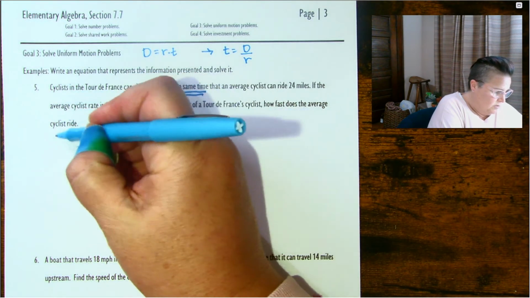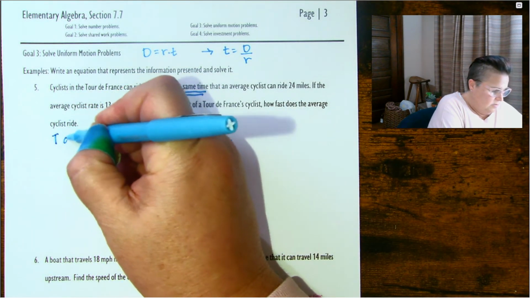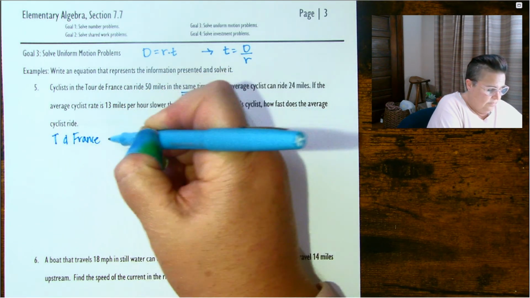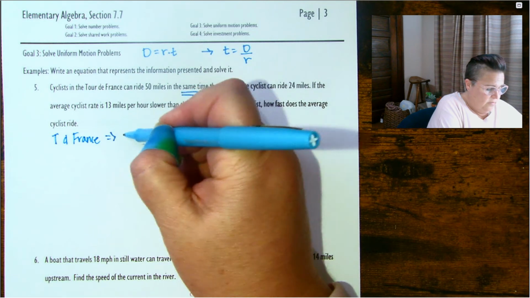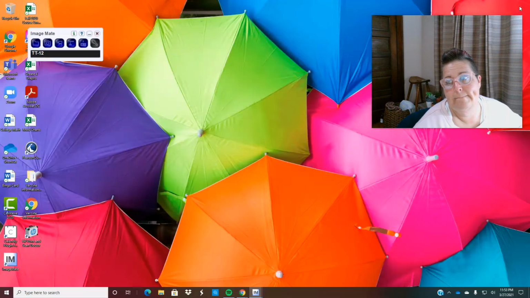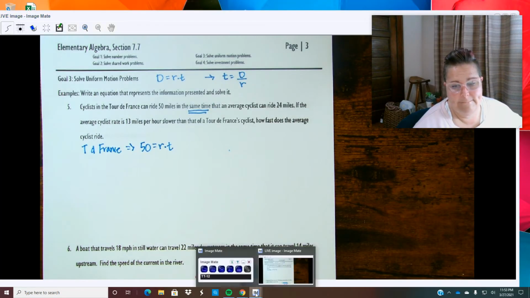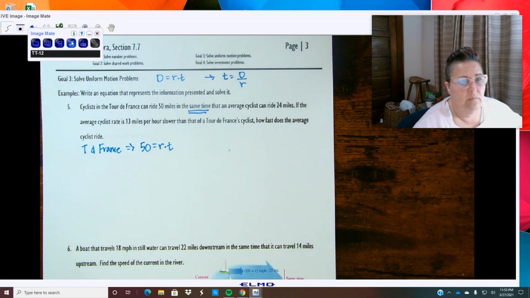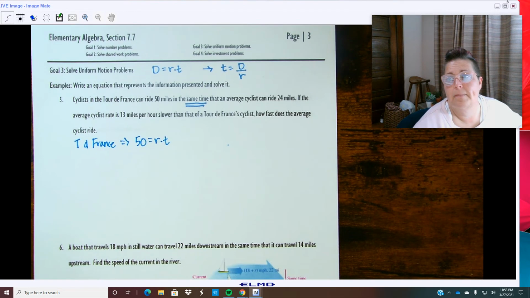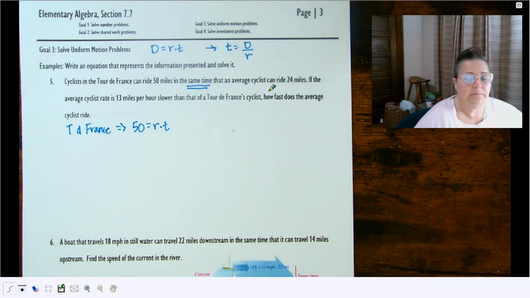Okay, so the Tour de France cyclist is going to go 50 miles at some rate at some time. All right.